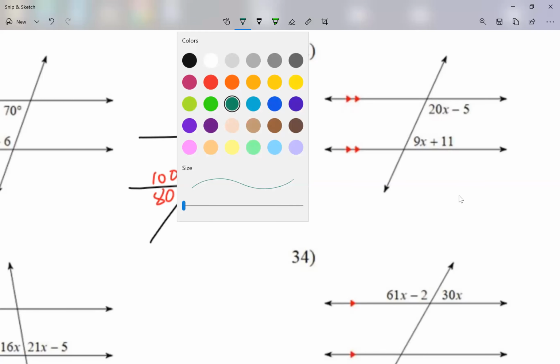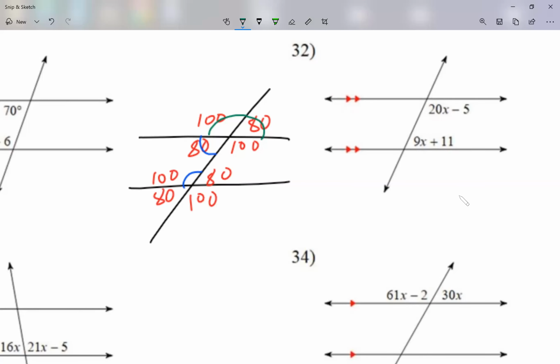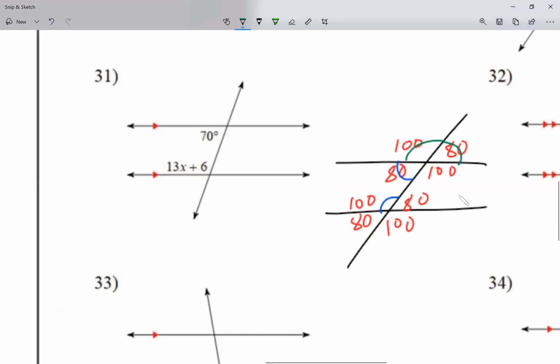Now let's take a look at question number 31. I have these two angles. That's same side interior, right? And I just said that same side interior angles add up to 180. So to solve for x, I'm going to go 13x plus 6 plus 70.